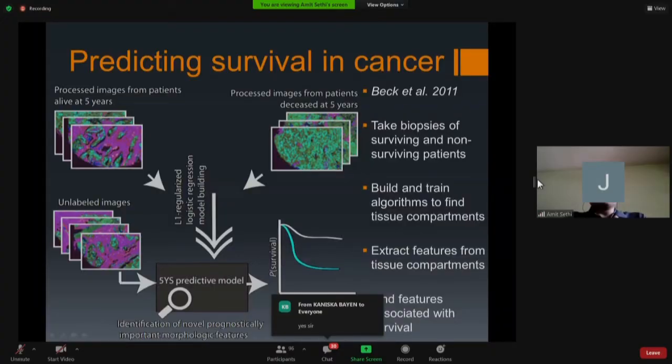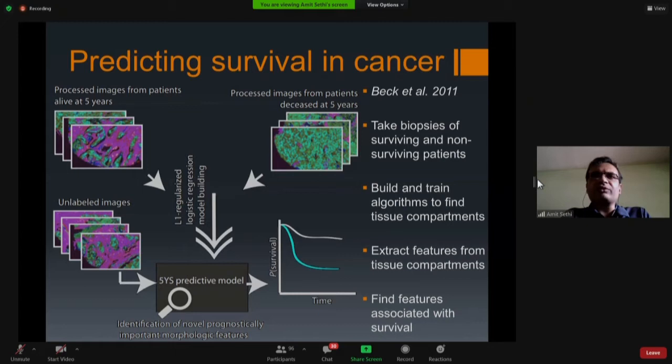So this is a slide from Beck et al.'s work from 2011. This is one of the first studies where they looked at these digitized slides, extracted features from them, and then fitted a machine learning model to predict which person is likely to survive longer and which one is not.